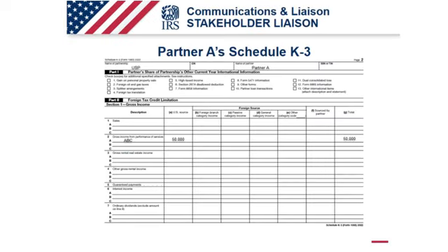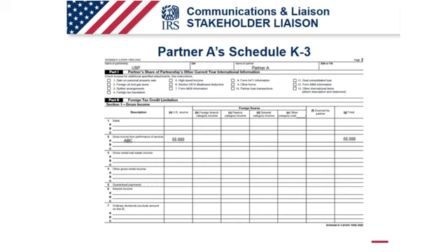So as in example 1, we're going to walk through now how this information is going to show up on the forms that you receive or file. So again, we are simplifying to just show the information that's relevant, even though there might be a lot of other information on the K-3 if you request one.